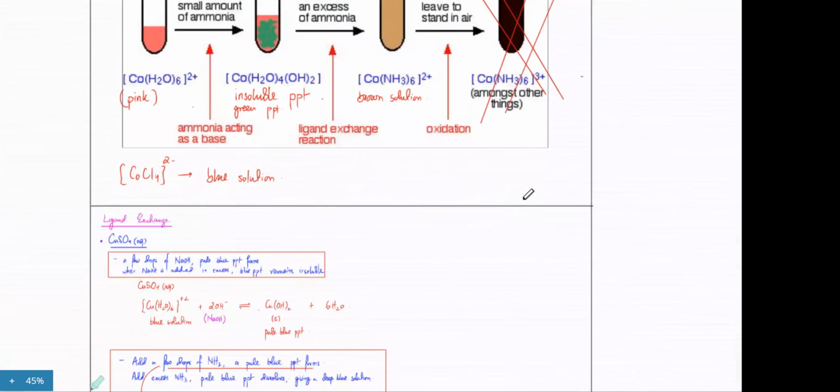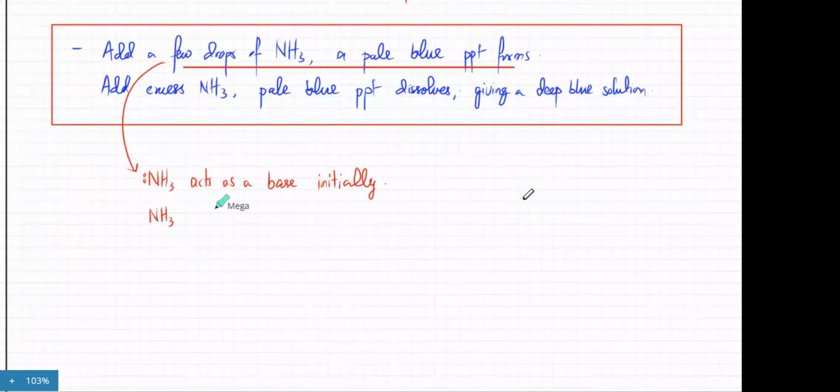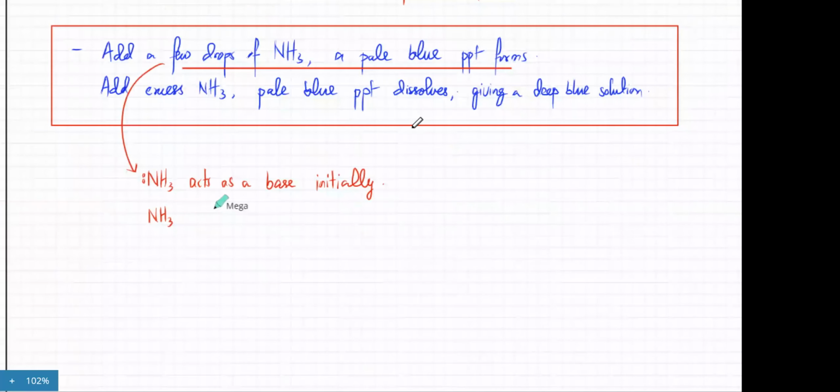But there's going to be one step before that. Before getting the deep blue solution, a pale blue precipitate forms. When you add a few drops of NH3, the NH3 acts as a base, and instead of reacting with the metal ion, it reacts with water molecules because you've added too few NH3 molecules. It grabs one of the H+ ions in water, forming NH4+, and producing OH- ions.